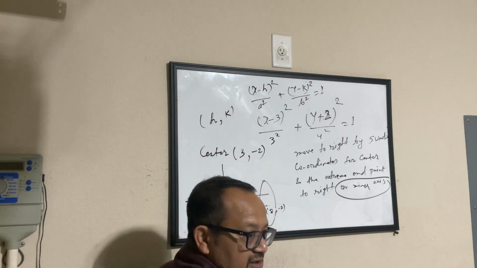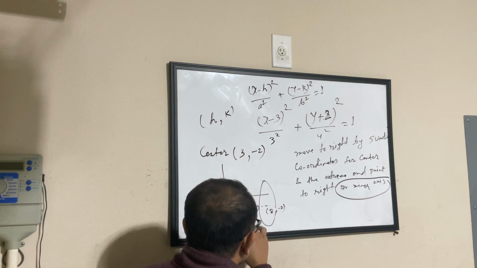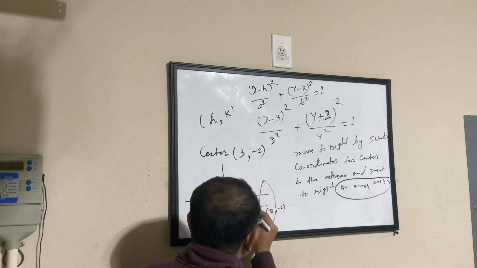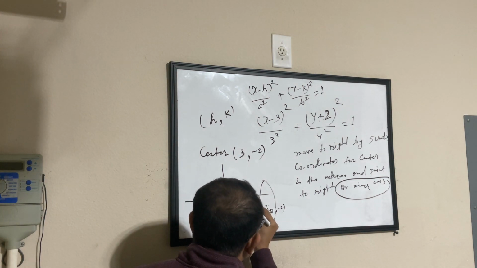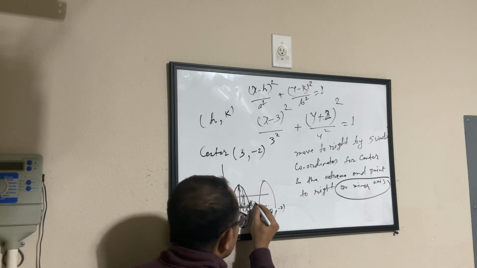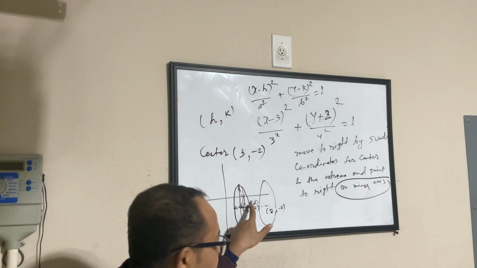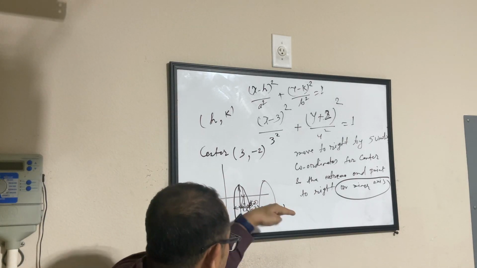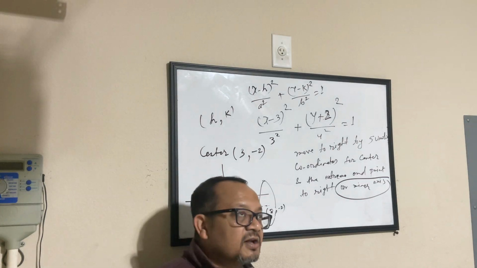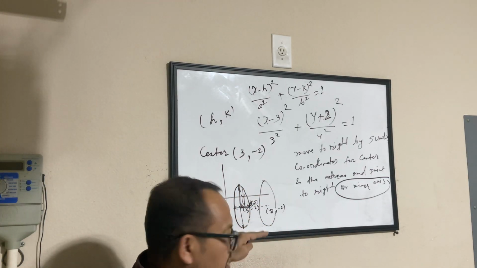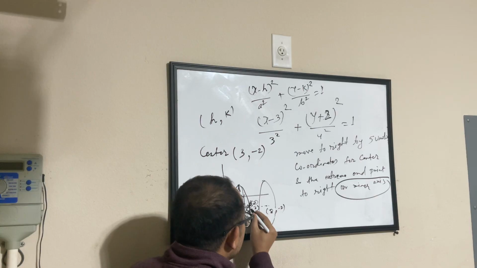This is my minor radius, correct? So 3 minus 2, so this will be 3 places more. So 3 plus 3, that will be 6, 6 minus 2. Because your y value is not changing, it's only the x axis, because we are looking at it along the horizontal axis. Correct? So this is 6 comma minus 2.